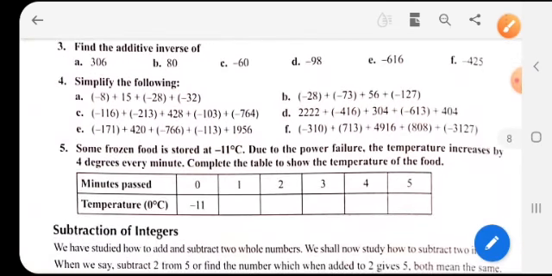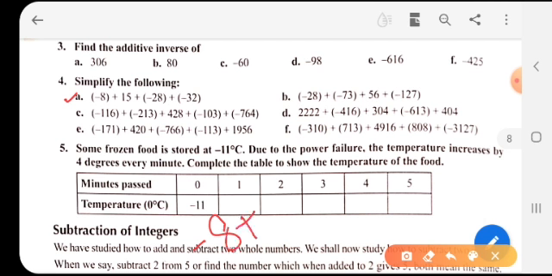In simplification of a large group of numbers, we take the first sum, minus 8 plus 15 plus minus 28 plus minus 32. So we get minus 8 plus 5. First we remove all the brackets, then plus minus 28 plus minus 32.